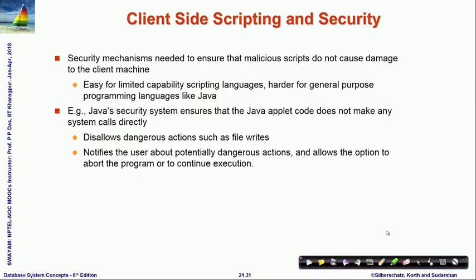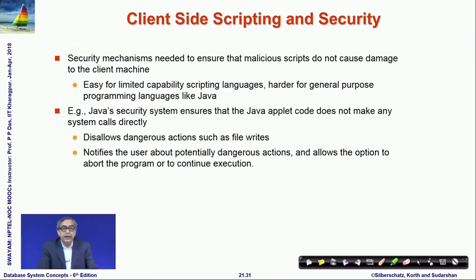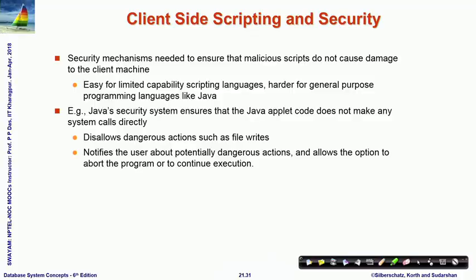So, client side scripting has a lot of value, but you also have to remember that there are security issues, because it is quite possible that if we are doing things on the client side, that is on the browser, we might inadvertently or by malicious intent make damage to the machine on which the browser is running. So, there are different kinds of care to be taken.